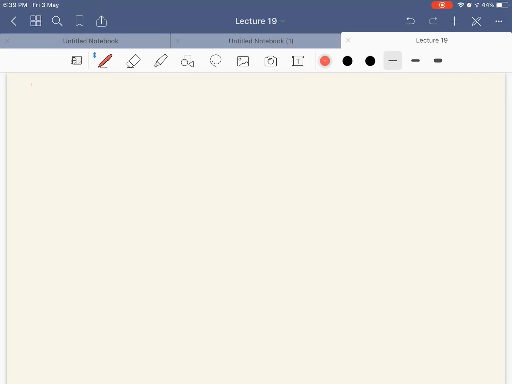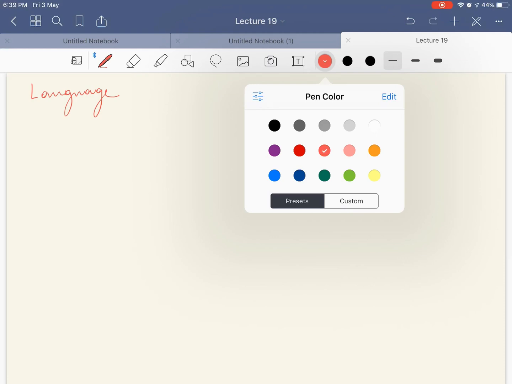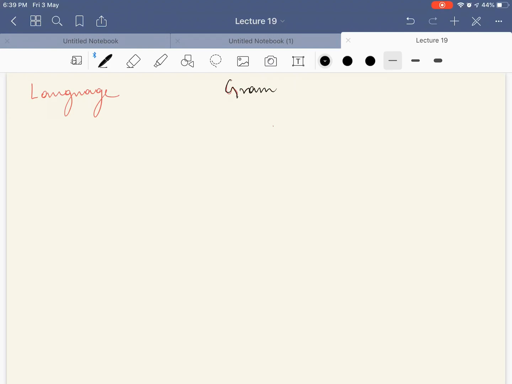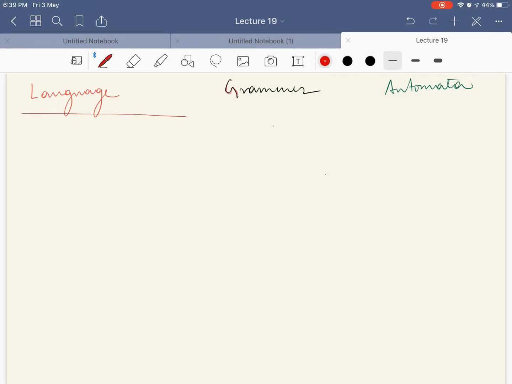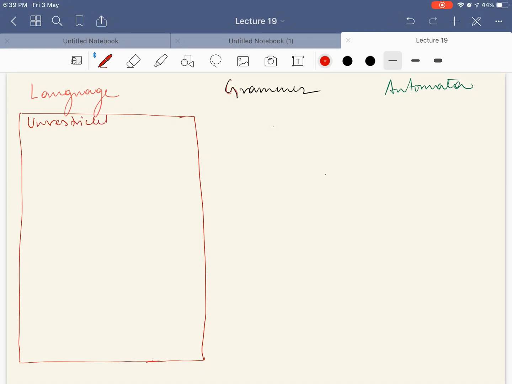So if I write it down separately here, all the available languages are a part of unrestricted language, that we have seen already.